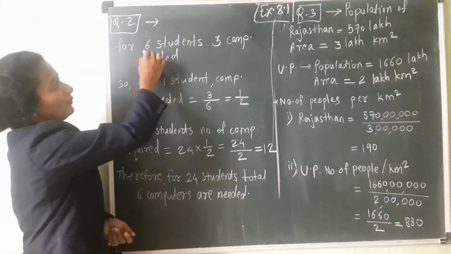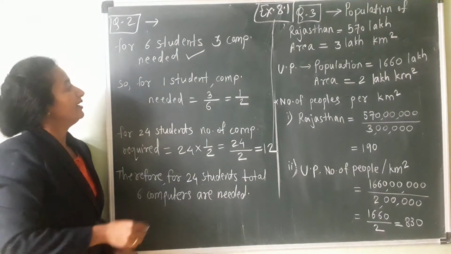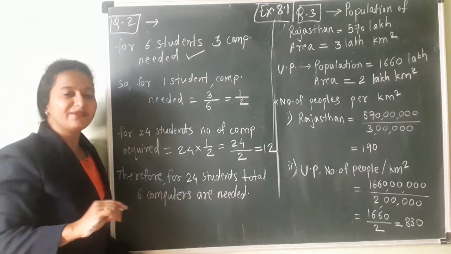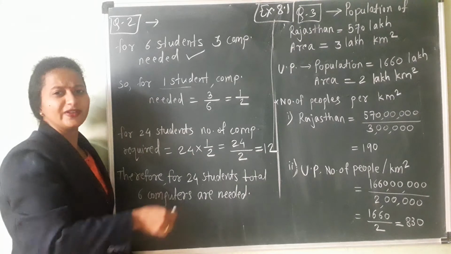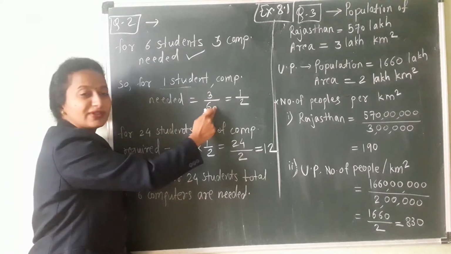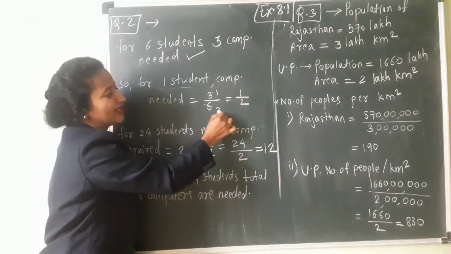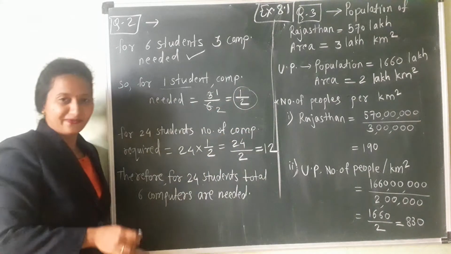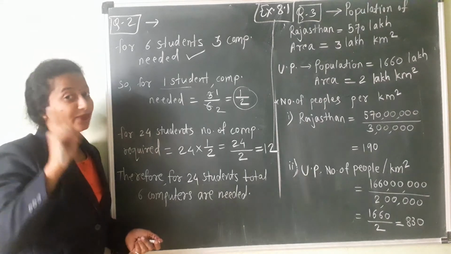So for 6 students 3 computers are needed. First we'll find how many computers are needed for 1 student. 3 computers for 6 students, so 3 ones are 3, 3 to the 6 means half. That means 2 students have to share 1 computer.